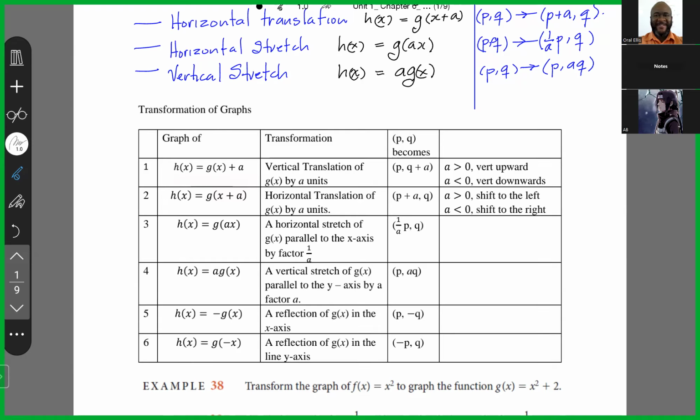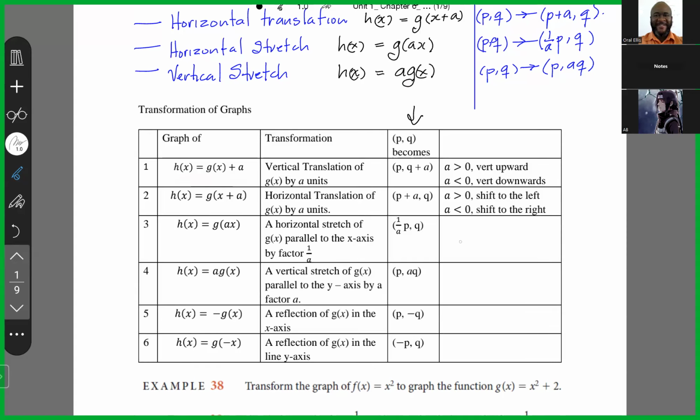So here's something that is important. What happens to the point P, Q? The column that talks about P, Q is looking at what happens to, let us say, the point P, Q in a vertical translation.